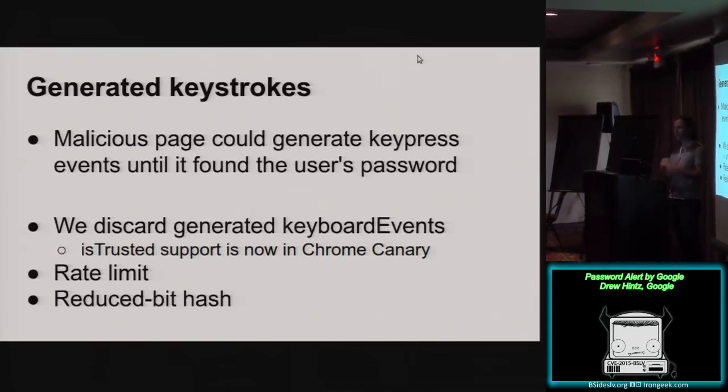So a colleague implemented this isTrusted idea, which is something that Firefox supports. If a keyboard event has isTrusted set to true, then you know it came from an actual keyboard and it was not programmatically generated by JavaScript on the malicious website. This feature is in Chrome Canary, so you can go check it out and play around with it for other things as well. It's implemented slightly differently than Firefox.